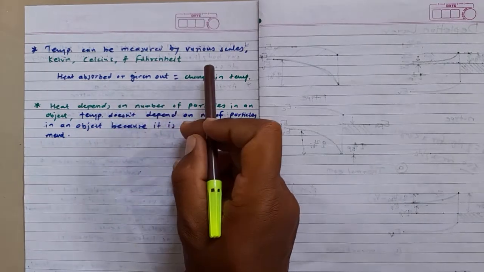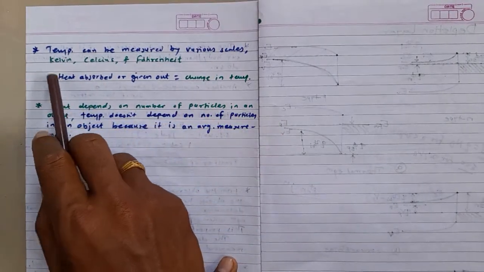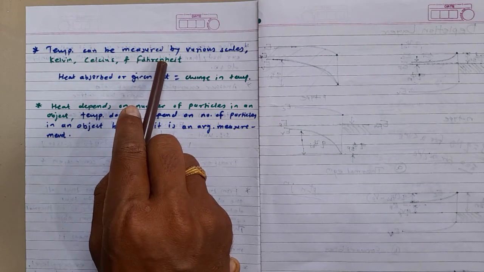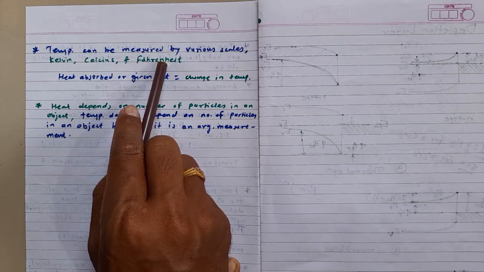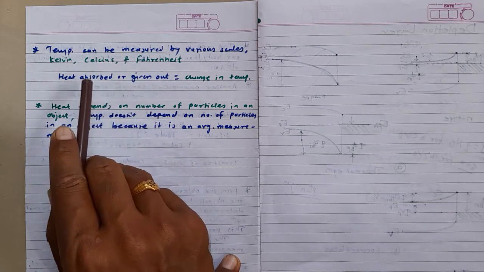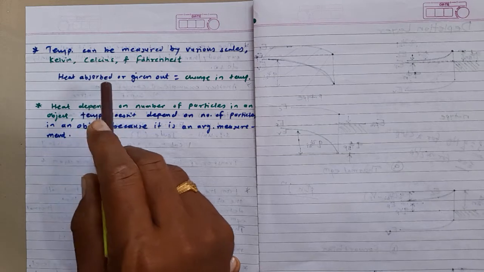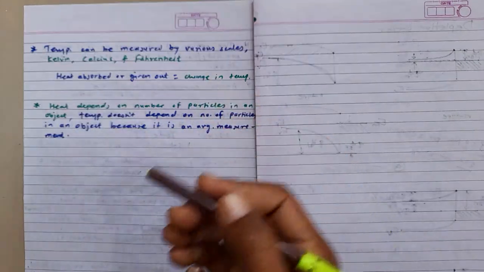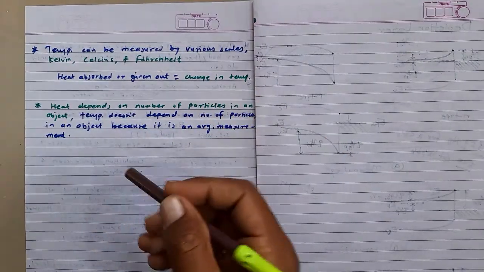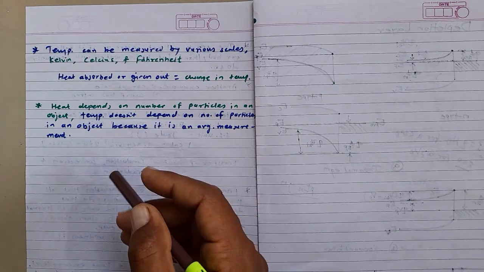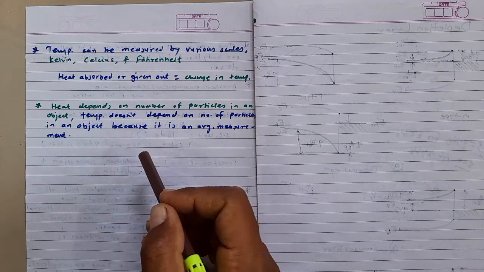Temperature can be measured by various scales, that is the Kelvin scale, Celsius scale and the Fahrenheit scale, right? Thermometers are generally used to gauge the temperature. It is important to know the change in temperature if some amount q of heat energy in joules is absorbed or given out by the object, right?